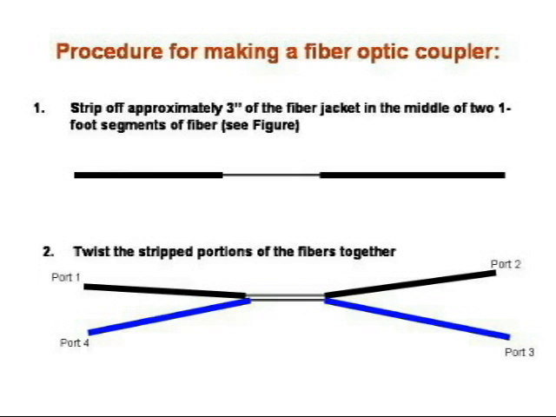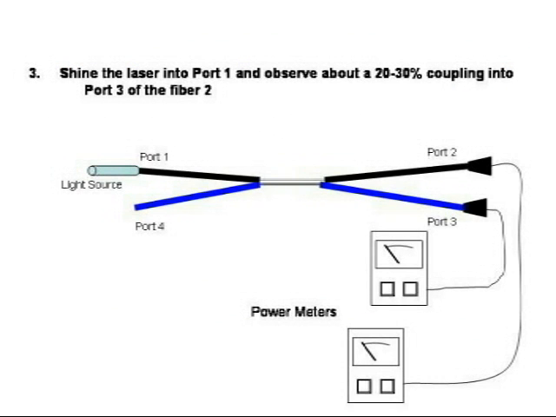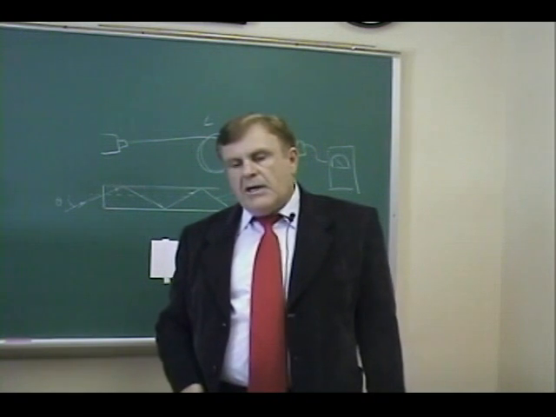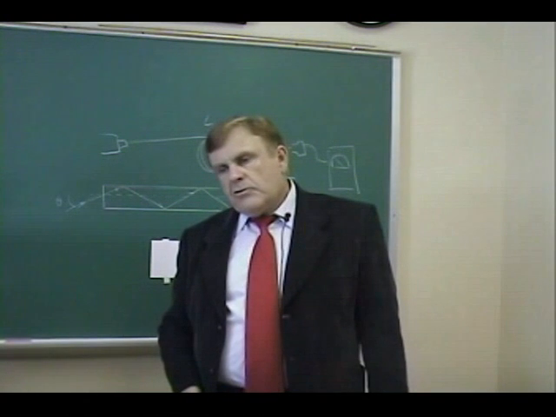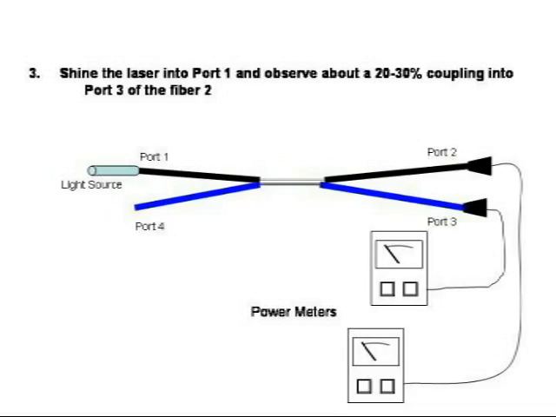And you will have, as you see on the slide, this fiber coupler. Then when you send light into one port of this fiber, you can measure the power exiting from both ports, port 2 and port 3, and see how light sent into port number 1 is spread over ports 2 and 3 of the 2 coupled fibers.